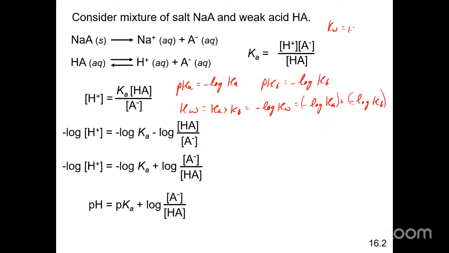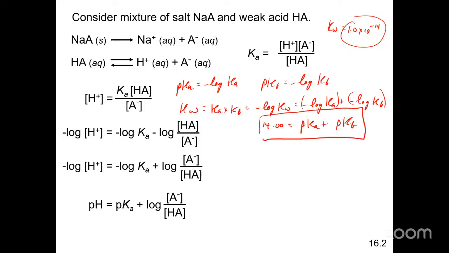It's the ionic product of water, 1.0 times 10 to the minus 14, right? So if you plug this into your calculator to find the minus log of that, you're going to get 14.00, right? And this will be equal to minus log of Ka, which is pKa, plus minus log of Kb, which is pKb, all right? So the relationship between pKa and pKb is equal to 14.00, all right?